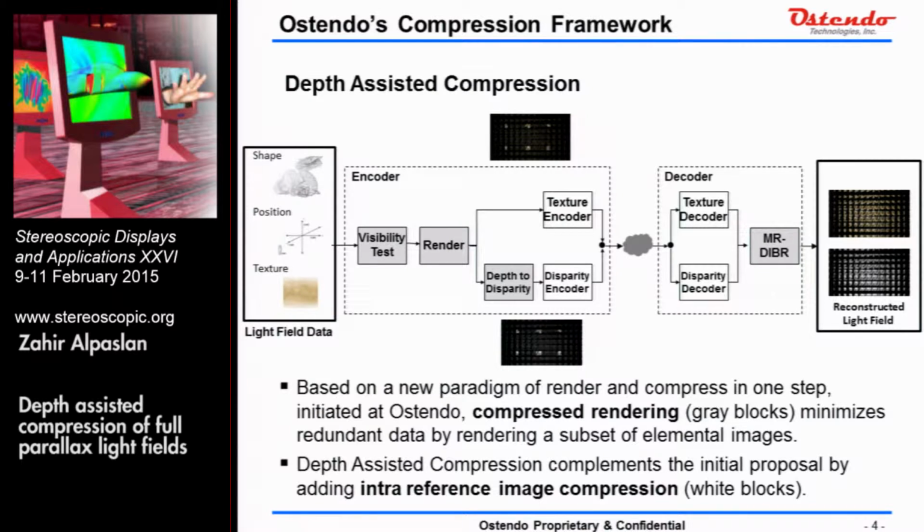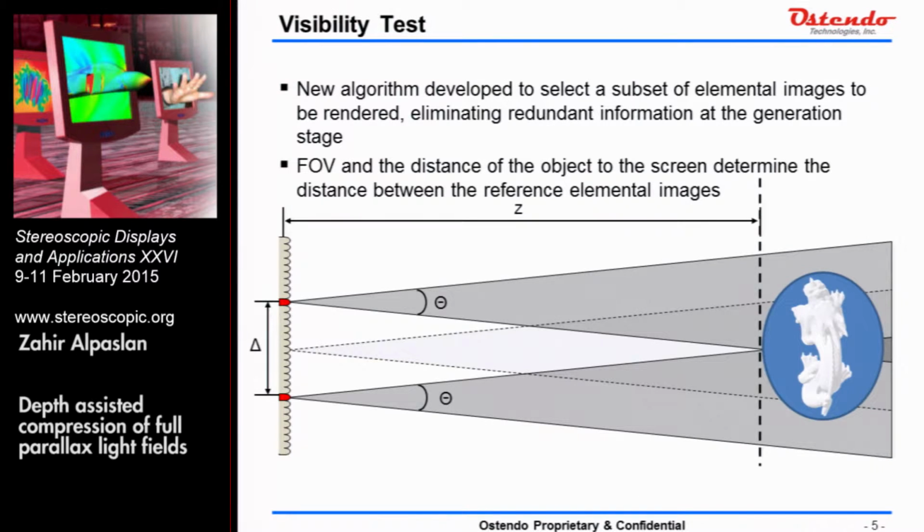But we needed a step further, so we also included the depth-assisted compression, which complements the initial proposal by adding the intra-reference image compression, depicted by the white blocks. We chose intra-image compression because we also want a solution that is low latency, and especially suited for displays. Let's review a couple of those blocks.